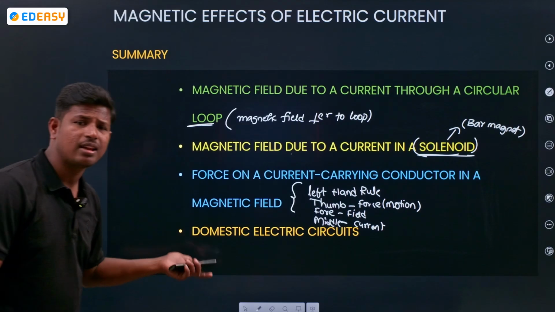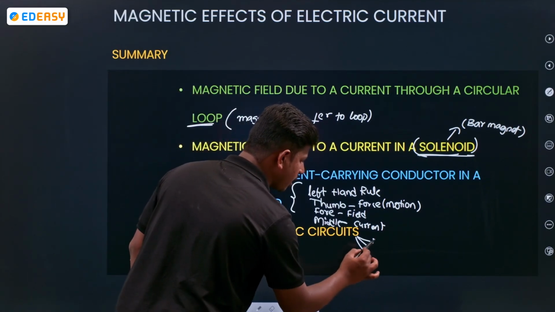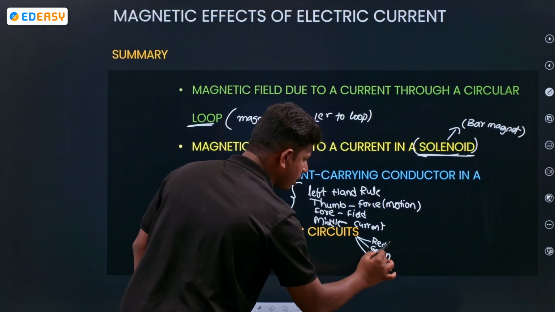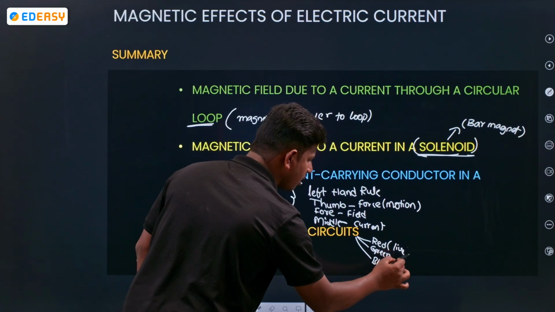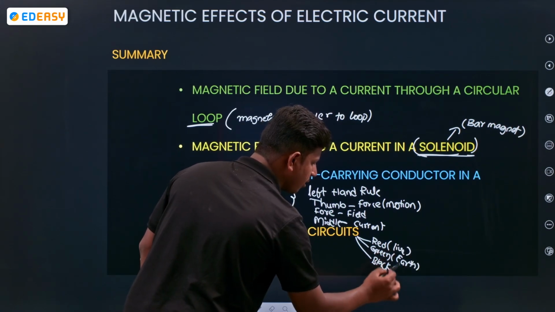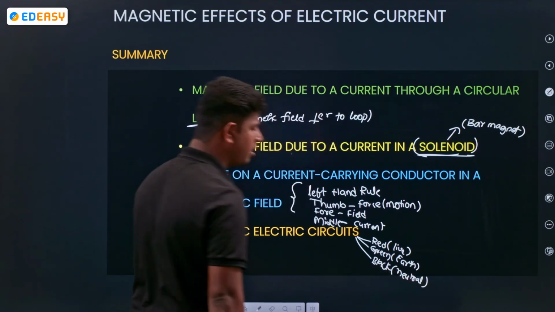In a domestic electrical circuit, which wires are present? We have three wires: red, green and black. Red is the live wire, green is the earth wire, black is the neutral wire.